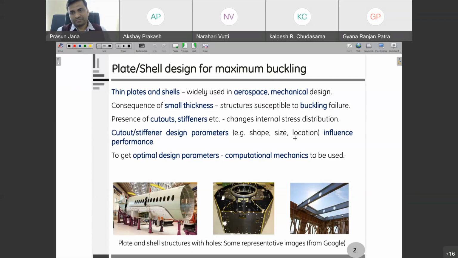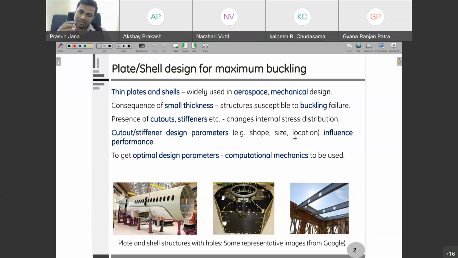If you remember when you play with a long stick and try to give it a compressive load, if the stick is long, it has a tendency to have a buckling mode, an out of plane deformation. If the cross section is high, or it is not very thin, then you cannot have that buckling mode of failure.